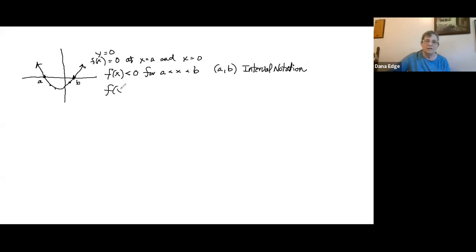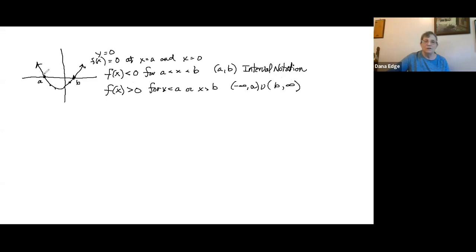And in this particular case, the y values are going to be positive, greater than 0, for x values that are to the left of A, or x values that are to the right of B. The interval notation would be from negative infinity to A, union B to infinity.